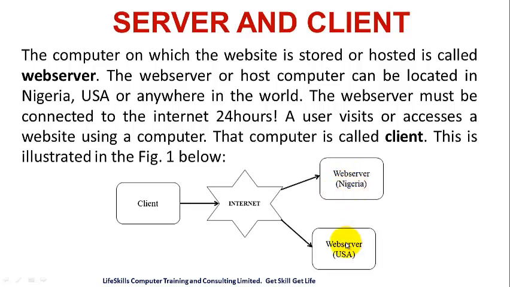That means you store it on a server, on a computer somewhere in any part of the world. Now, your site is tied to a name, which is called a domain name. For example, www.ajewaleonline.com.